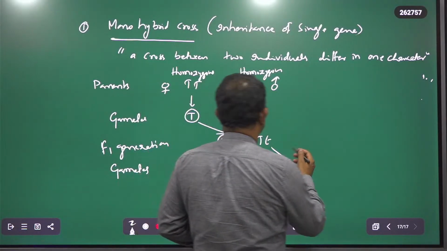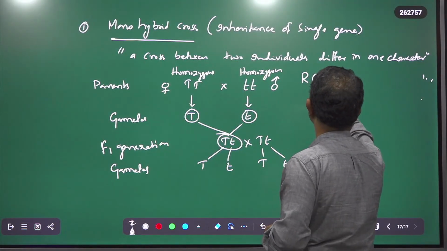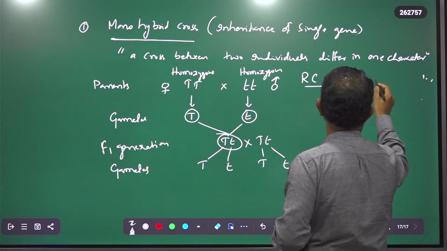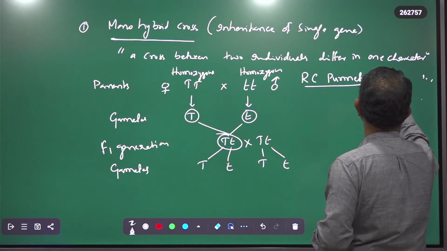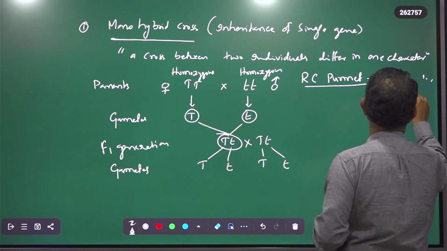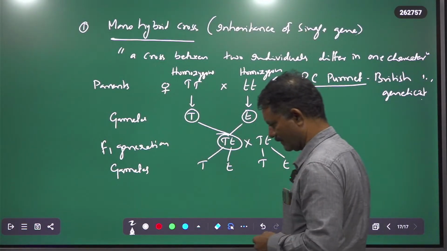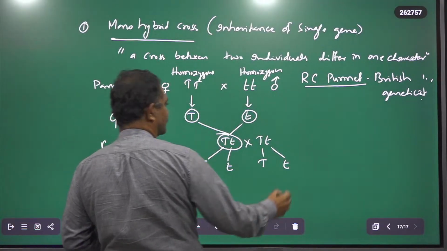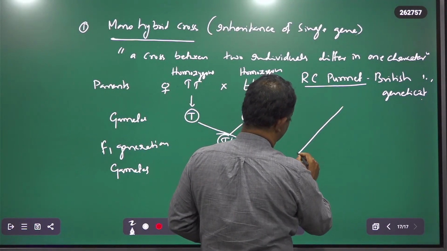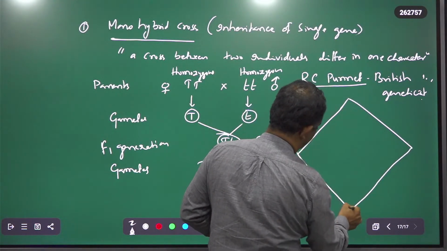Right. Reginald C. Punnett, R.C. Punnett, a British geneticist, created the Punnett square.